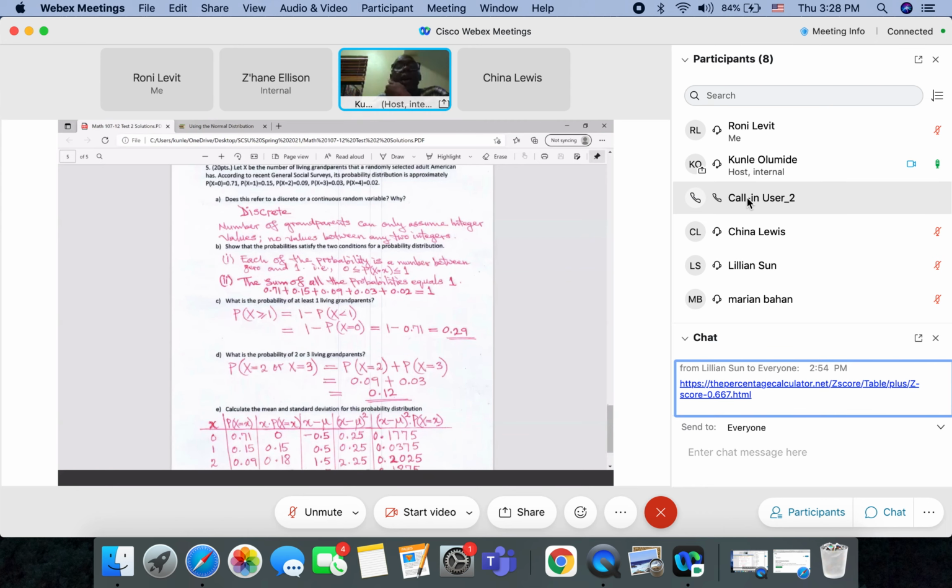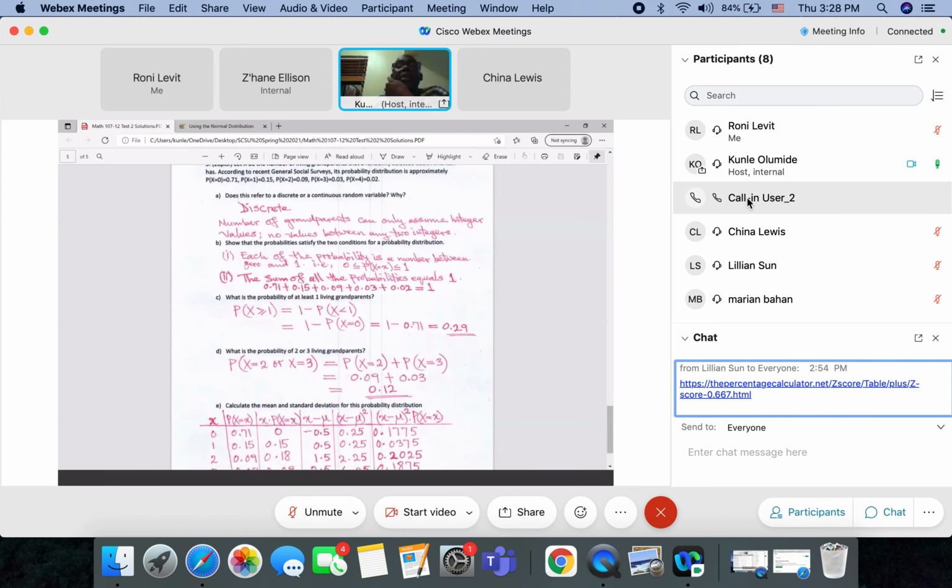B, they show that it satisfies a probability distribution. That means it satisfies two conditions: each probability is a number between 0 and 1, and when you add all of the probabilities, they add up to 1.